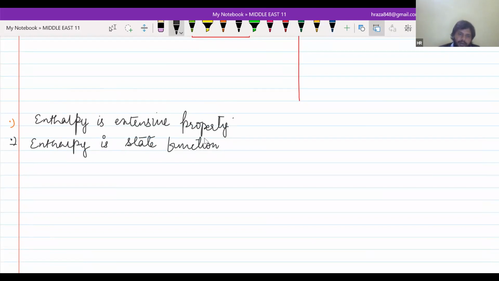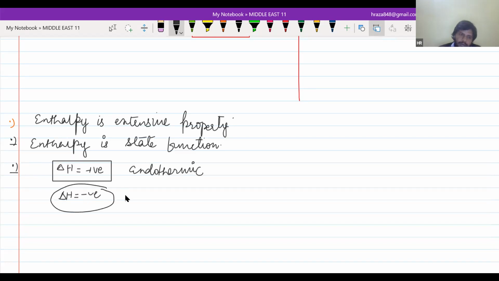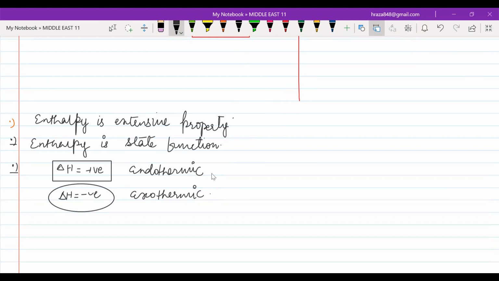You already know that I have given examples of all this. Also know that delta H negative means exothermic. Krishna, am I audible?